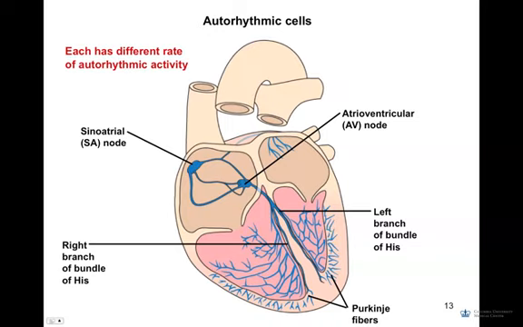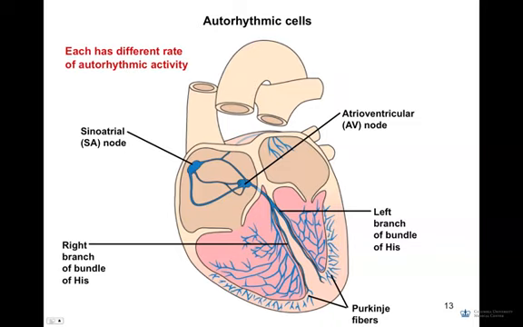So we have the AV node, and as you can see, the SA node is connected to the AV node with these fibers that I'm describing. The SA node in the right atrium is also connected to the left atrium through these fibers.